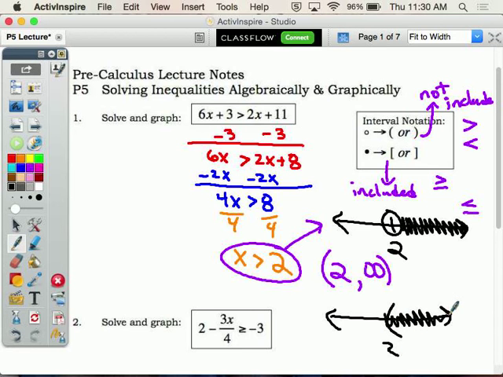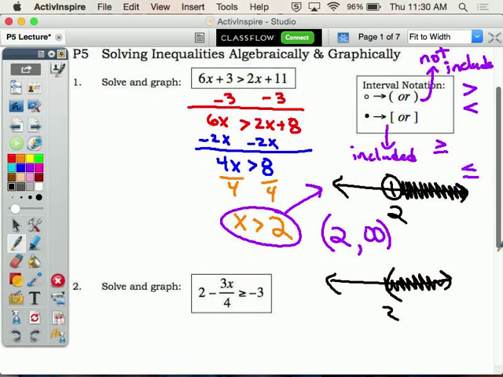So instead of open circles, they're parentheses now. Instead of solid dots, they're going to be brackets. And that's all that this problem was trying to show you. Open circle, parentheses, solid dot, bracket.